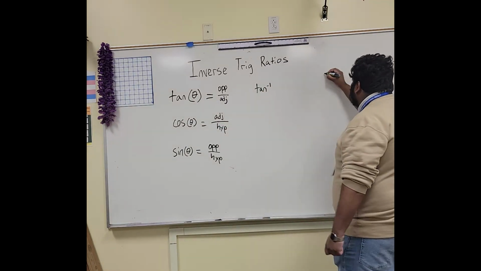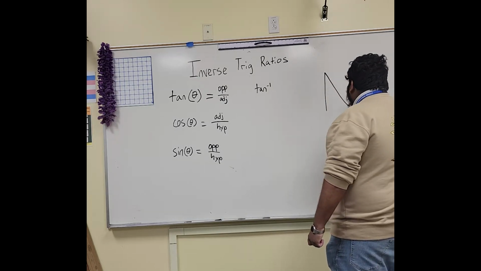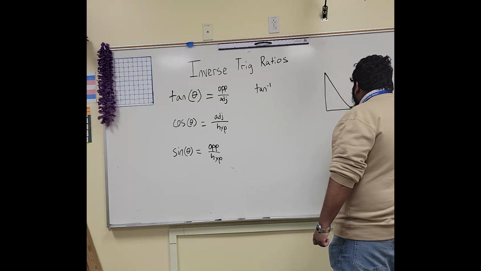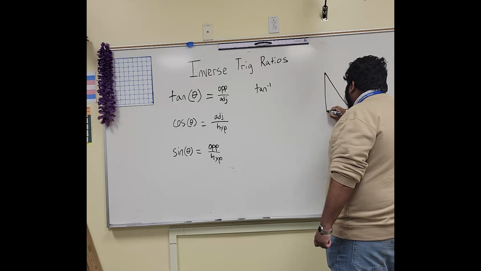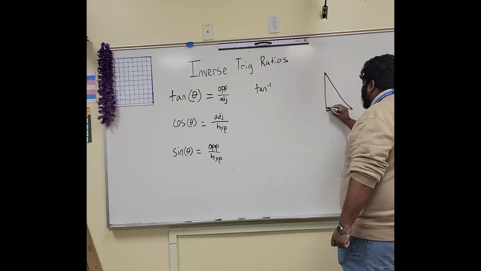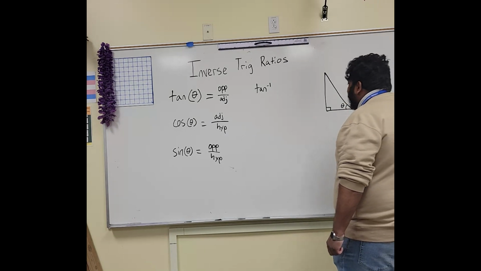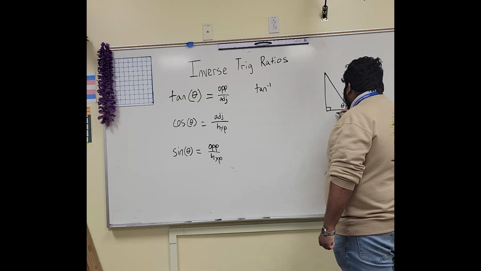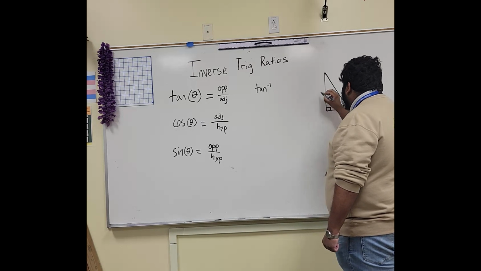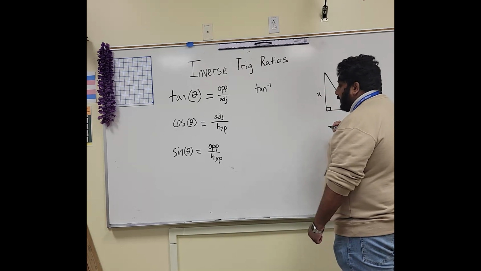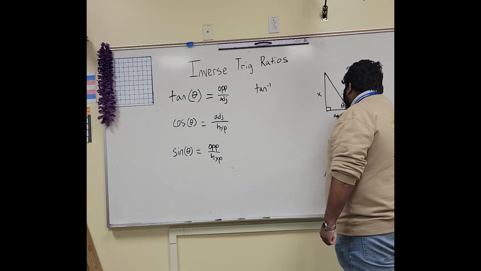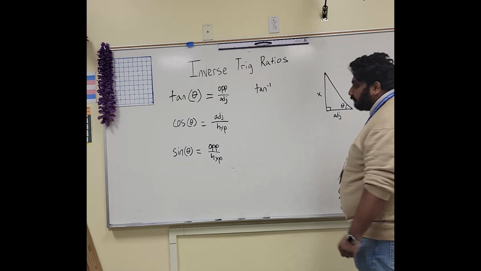So if we have a triangle, normally when we're solving for missing information about this triangle, we're typically given some angle theta, and we're typically given one of these sides. We'll say that we're solving for the opposite side, we'll denote it as x, and we're given the adjacent side.